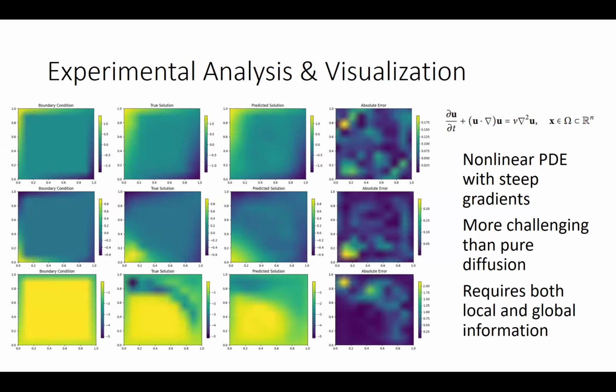So the three rows correspond to what? Different initial conditions or different viscosity? There are different initial conditions, different boundary conditions, and different coefficients, of course. I see. So you're varying three things at the same time. You have three input functions, right? What goes into the branch? What is the data that goes into the branch?